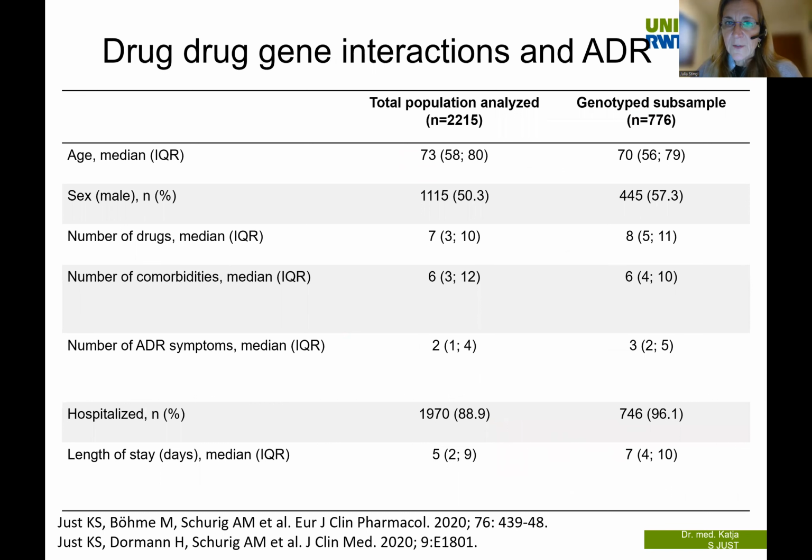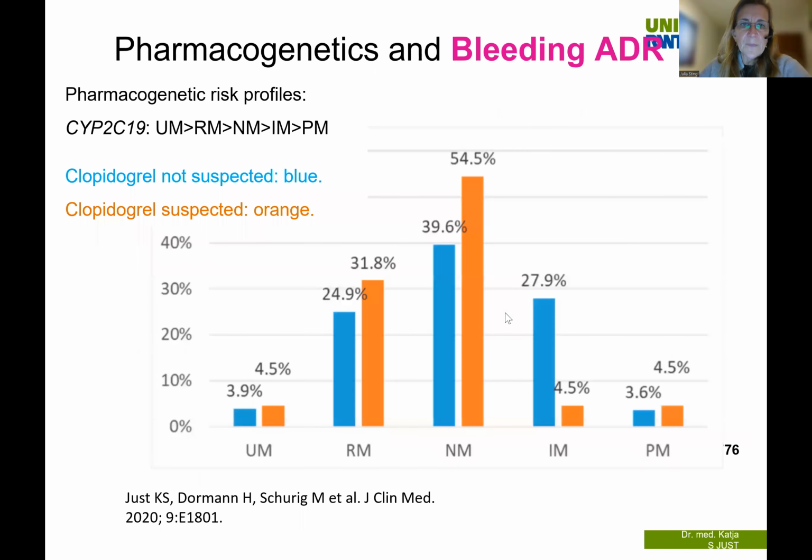We analyzed in the cohort of emergency visits patients. We analyzed the genetic profile in about 1/3 of the cohort, in about 700 people. We got the pharmacogenetic profile, and in the total cohort, we had all the drugs that were taken and the symptoms of side effects. And for example, for the anticoagulants, for clopidogrel, we found out that in the side effects where clopidogrel was suspected to be causative, the risk alleles, the pharmacogenotypes predicting higher risks for clopidogrel side effects were overrepresented.